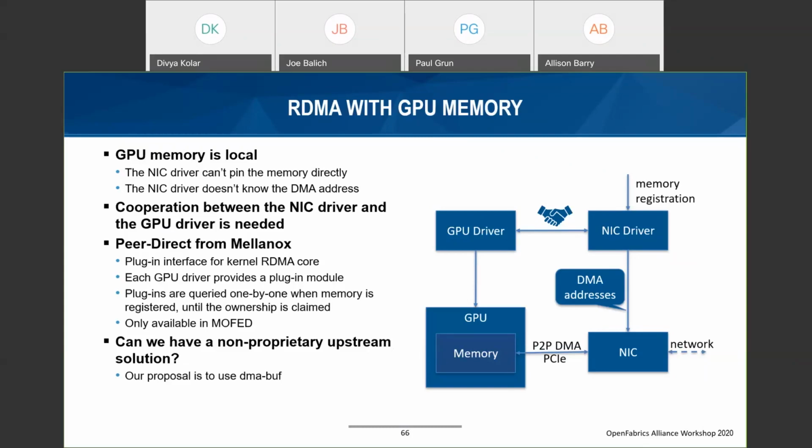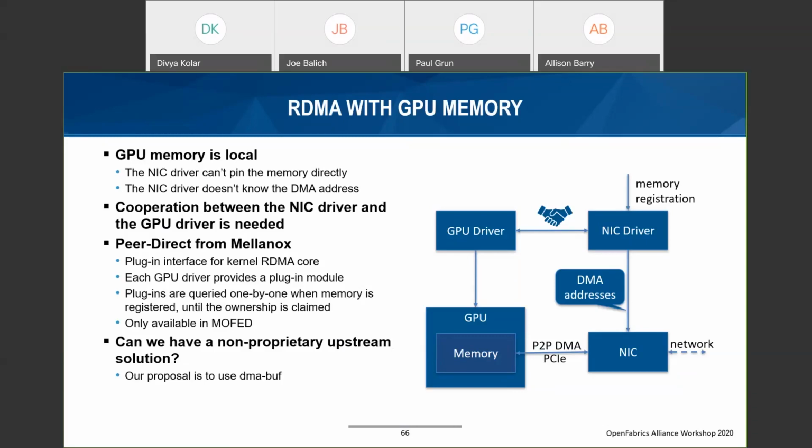This is a peer-to-peer DMA, because both the NIC and the GPU appear as peers on the PCIe network. It is different from when you are using the system memory.